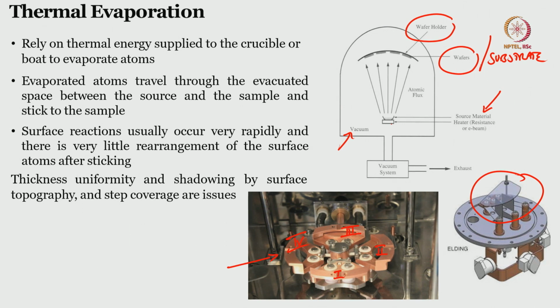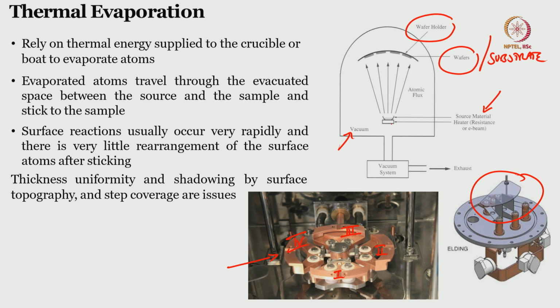This is within the chamber, we have taken the photos. There are 4 sources, so you can have 4 different depositions. Whichever source holder you heat up, the source within that holder would start evaporating. Thermal evaporation relies on thermal energy supplied to the crucible or boat to evaporate atoms.